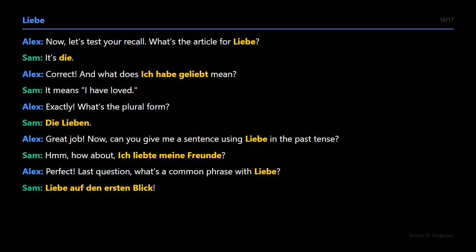Now, can you give me a sentence using Liebe in the past tense? How about, Ich liebte meine Freunde. Perfect. Last question, what's a common phrase with Liebe? Liebe auf den ersten Blick.